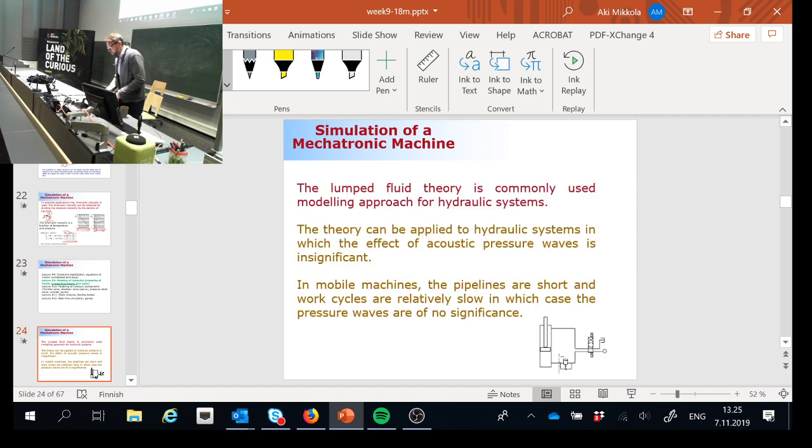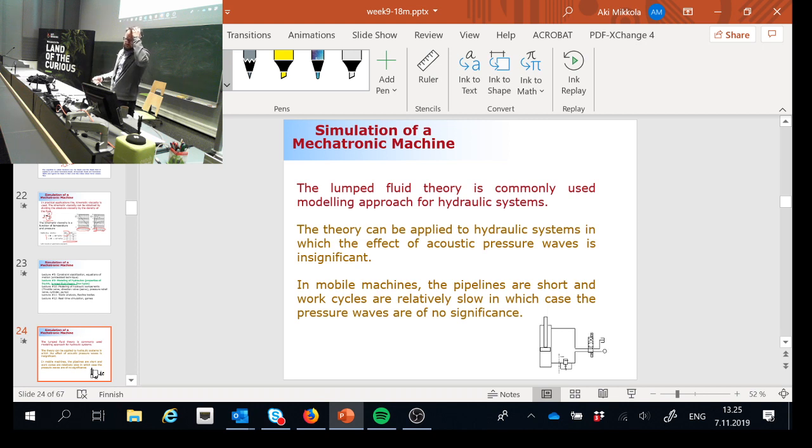All right? Now, lumped fluid theory is the way we're really going to carry out the modeling of hydraulic circuits. It accounts for pretty much all the significant factors you can find except pressure waves. Sometimes you have a very fast direction valve connected to pipelines.